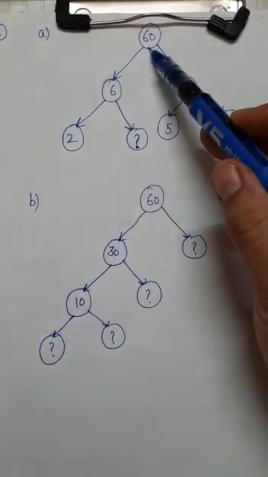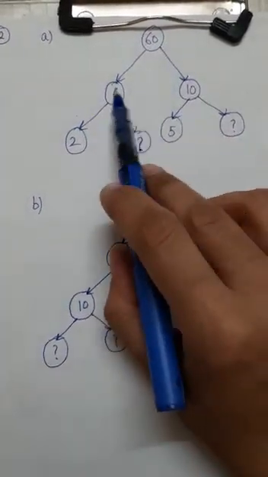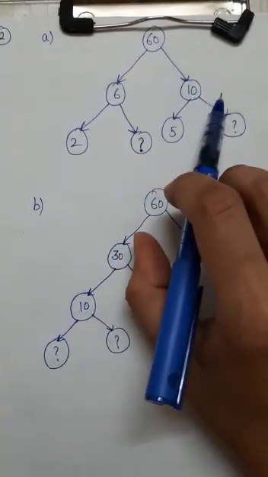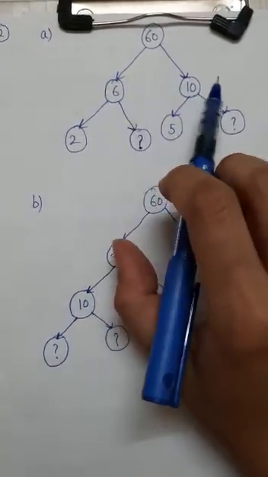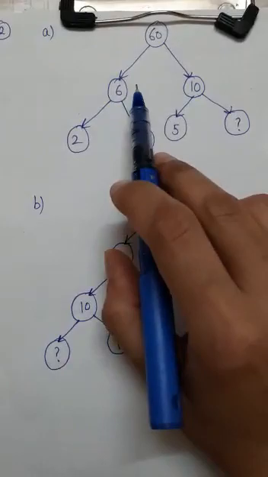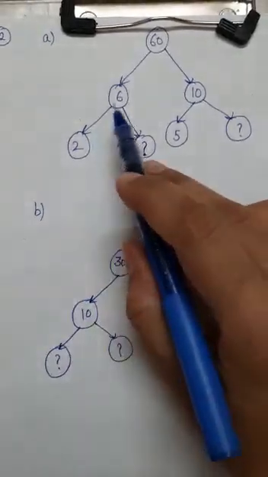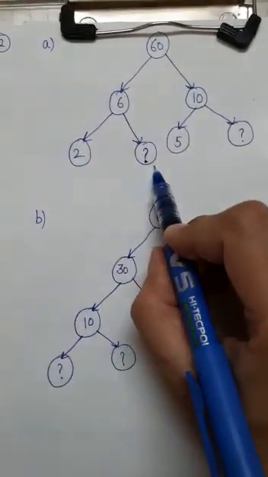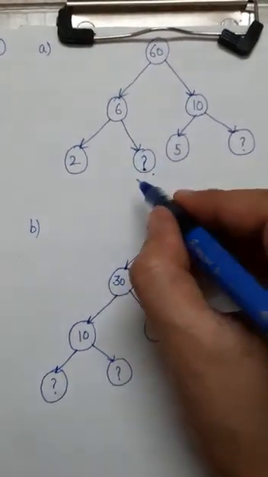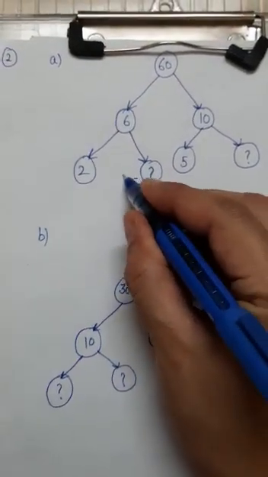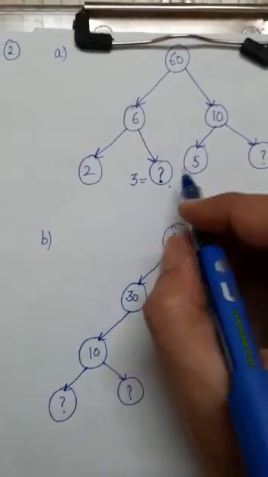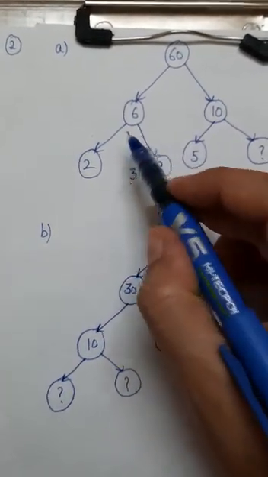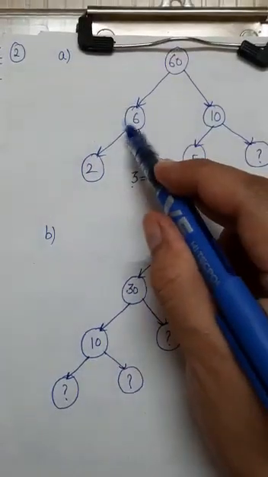So 60 is further factorized as 6 tens are 60. 6 times 10. Okay. Now 6, we can further factorize 6 as 2 times question mark. You have to find the other factor for 6, that will be 3. This question mark is replaced by 3. So 2 threes are 6.